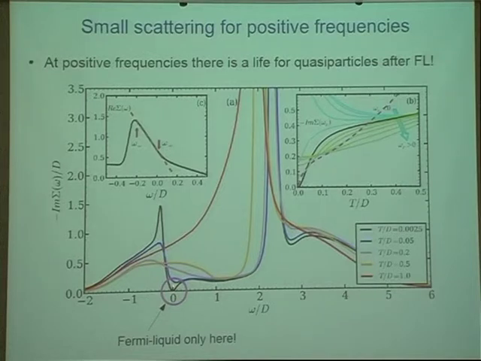I've shown you earlier self-energy plots with the omega squared behavior at very low frequency. I'm now showing the imaginary part of the self-energy on a wider scale for different temperatures. As you see, as I increase the temperature, I start from this Fermi liquid, and these curves are very asymmetric.